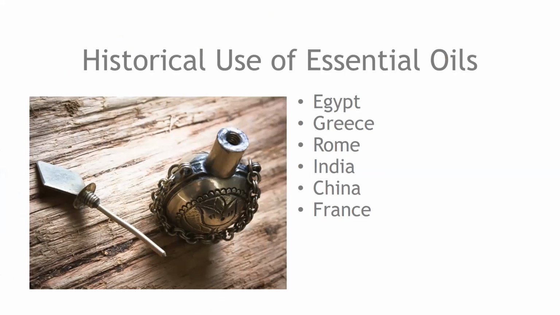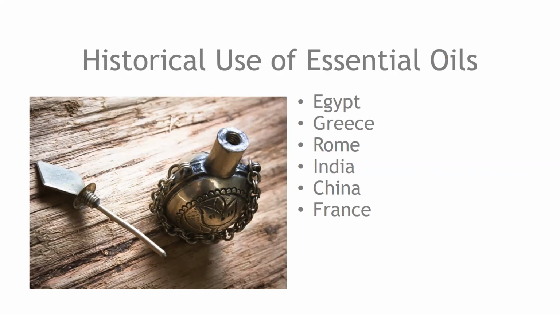Now, essential oils have been used for a long time. Our modern medicine, our pill form medicine, really has only been used for the last 100 years. And a lot of the medicines that we use today are derived from some of the components of essential oils.